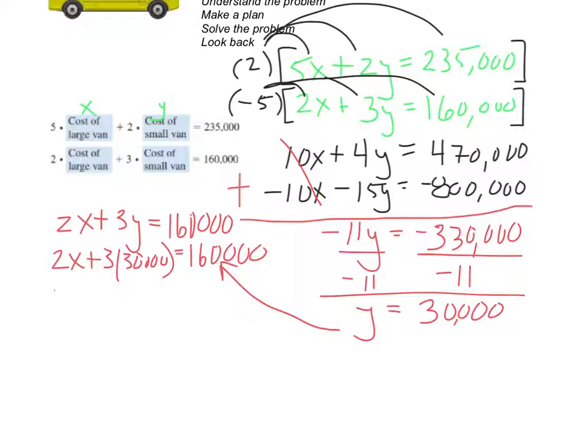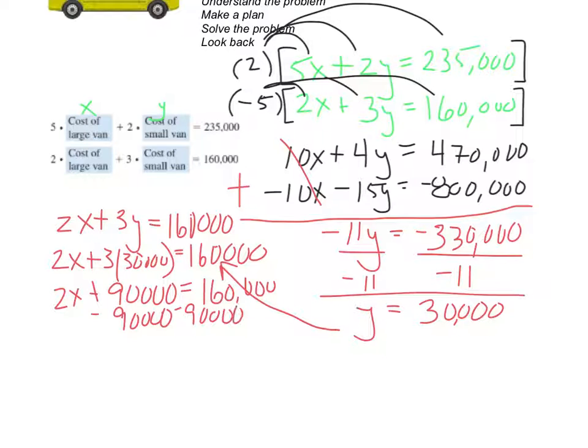Then this becomes 2x plus 90,000. We subtract 90,000 from both sides to get 2x equals 70,000. We divide by 2. X equals 35,000.